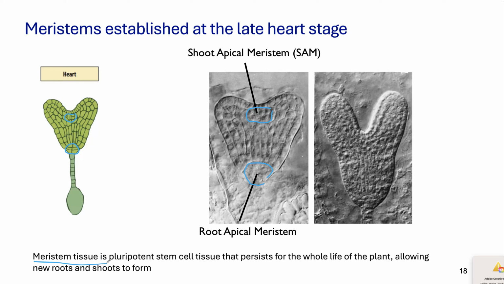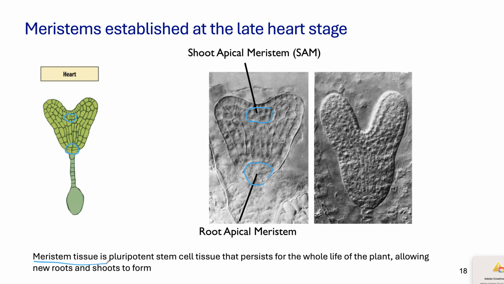So STM is a gene called shoot meristemless, so that's the name of the mutant phenotype. It's normally expressed right in that presumptive meristem tissue at the heart stage. And if you make a mutation that inactivates that gene, then you don't have the meristem tissue. It's no longer a self-renewing tissue. So what happens in the mutant plant is germination occurs, and there are the cotyledons, and a couple of abnormal leaves form because some cells have been set aside.